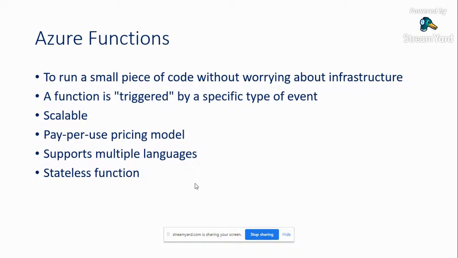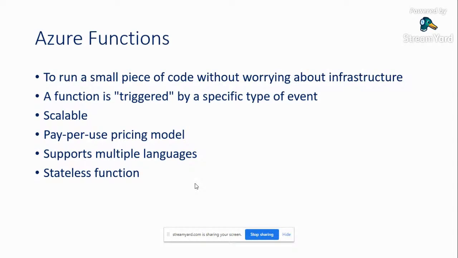For example, if you browse in a normal browser and give www.google.com, we know that HTTP is stateless, because whenever we give the request, it gives the result back. We don't have any state maintaining or tracking mechanism inside that, right? The same way the Azure functions have no tracking mechanisms or no state maintaining properties.